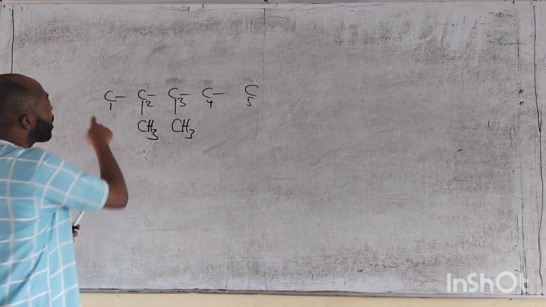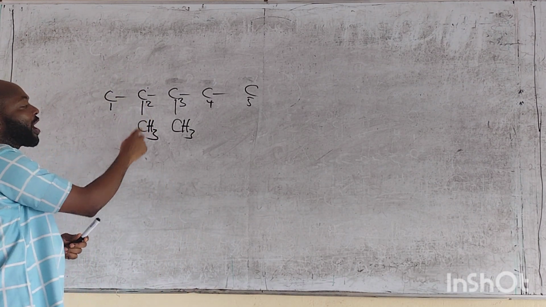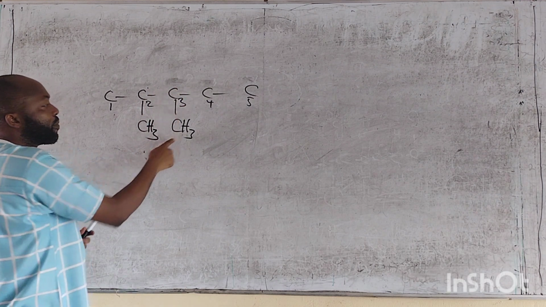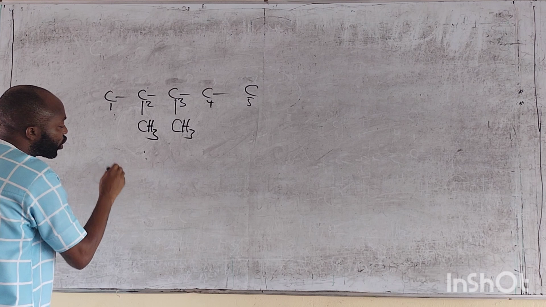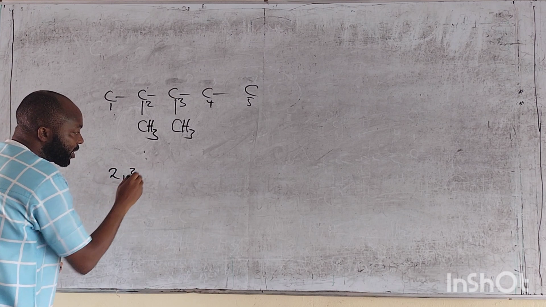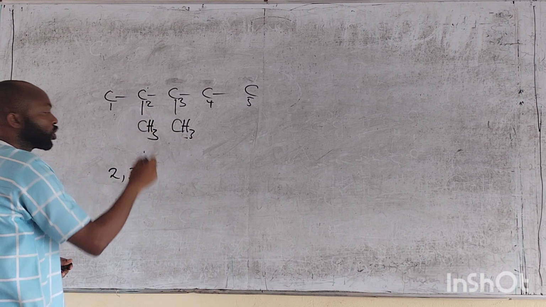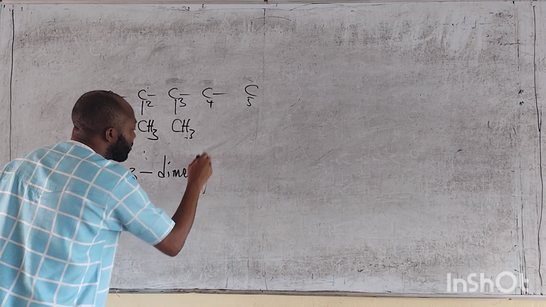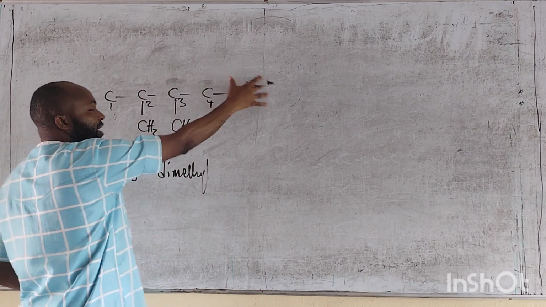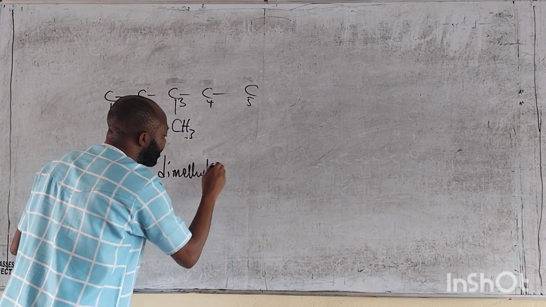So here becomes 1, 2. In carbon 2, I have a methyl. In carbon 3, I have a methyl. Am I right? So this becomes 2, 3. How many methyl? 2. 2 is called dimethyl. 1, 2, 3, 4, 5 as my parent chain, pentane.